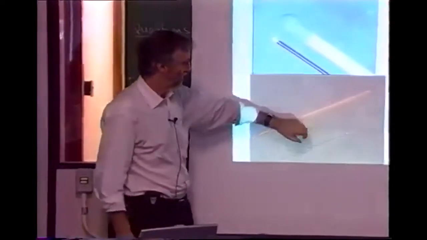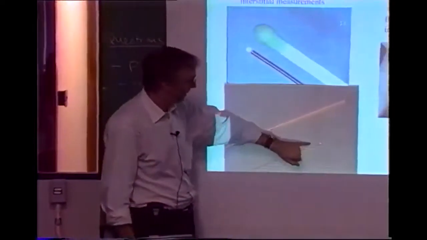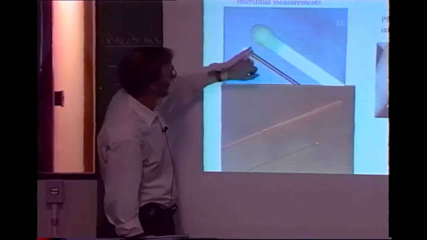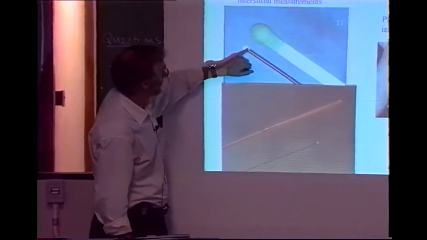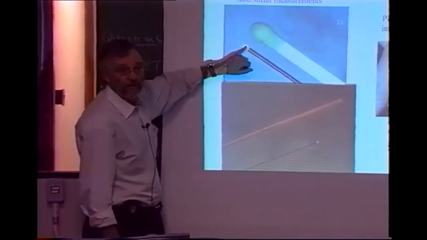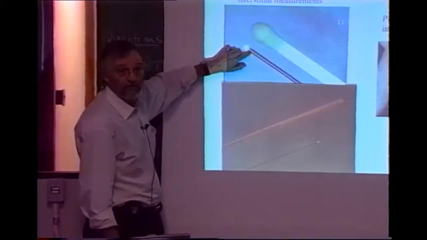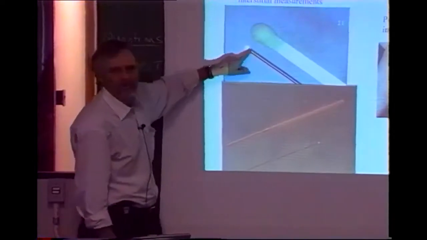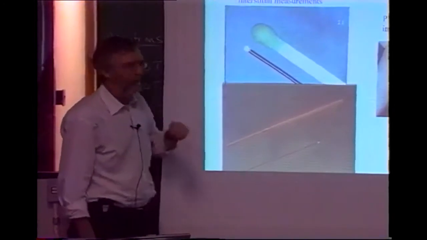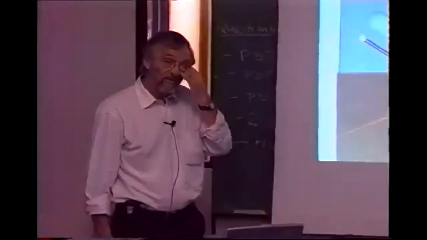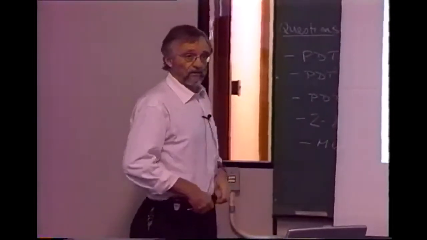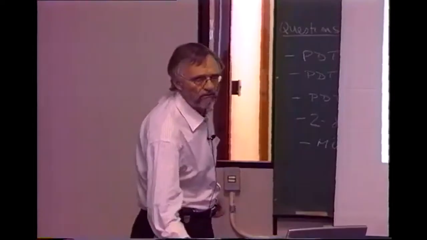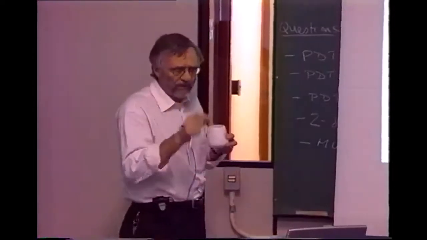The more recent ones, if you buy them commercially now, you don't have this sphere. They simply take the fiber and strip off the last millimeter and then coat the millimeter with the scattering material. Not quite so good as this, but pretty good. Yeah, I've seen people just stick some aluminum powder at the very end. Yeah, people do that.